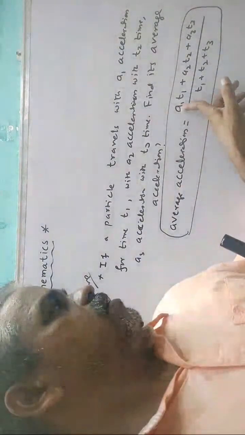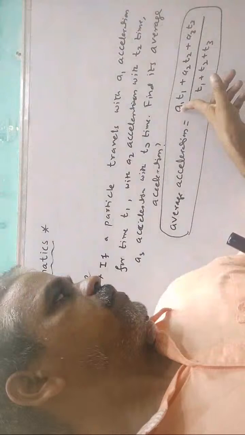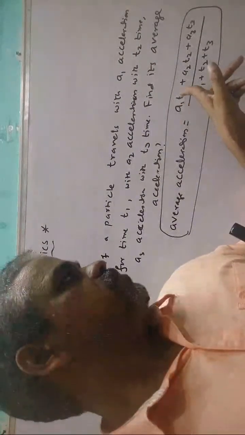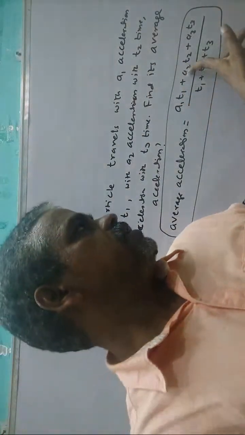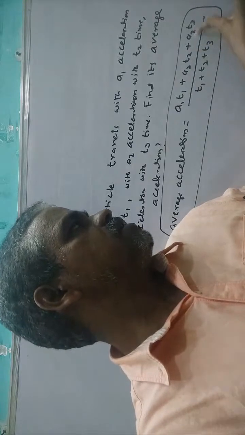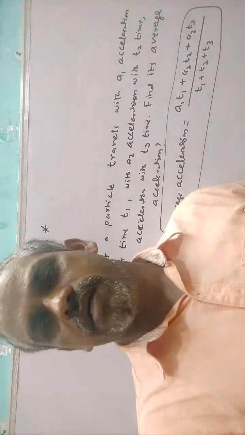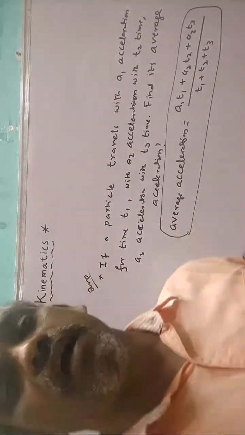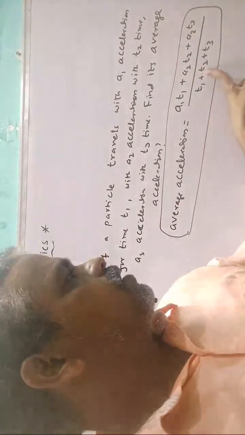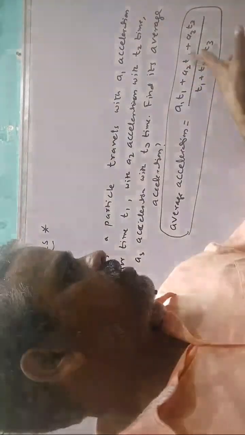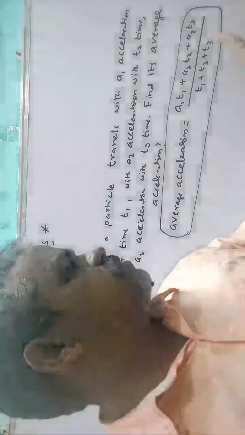A body or a car, a particle travels with a1 acceleration for t1 time, a2 acceleration for t2 time, a3 acceleration for t3 time. Acceleration into time gives velocity: first velocity, second velocity, third velocity, total velocity by total time.